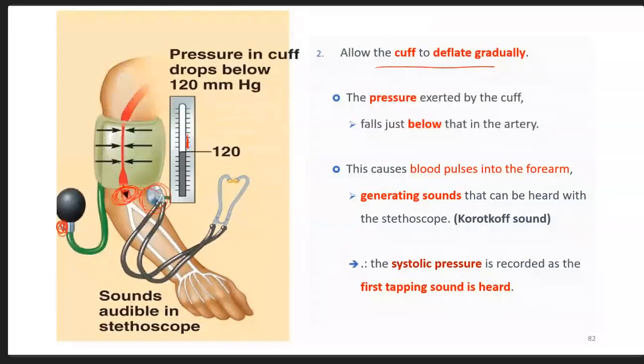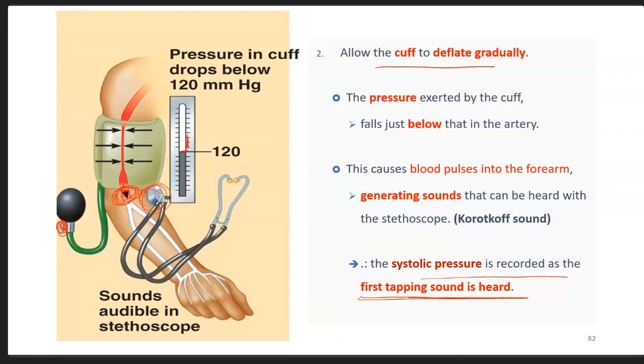Therefore, the systolic pressure is recorded as the first tapping sound is heard. When you hear the first tapping sound, at the same time you have to look at the meter to detect the reading on the sphygmomanometer.